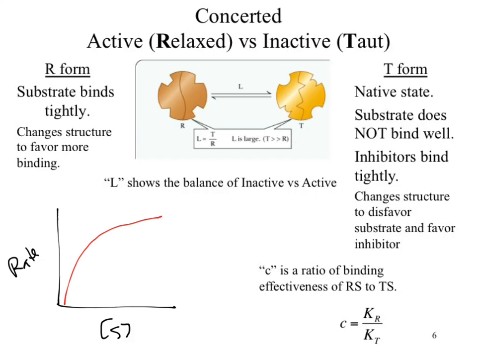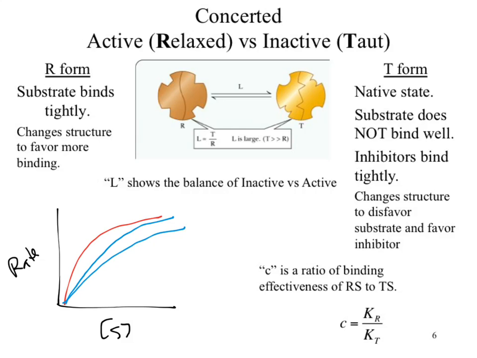We're going to expect less product to form. It's going to become slower. So what we end up seeing with our L getting bigger is lower and lower lines.